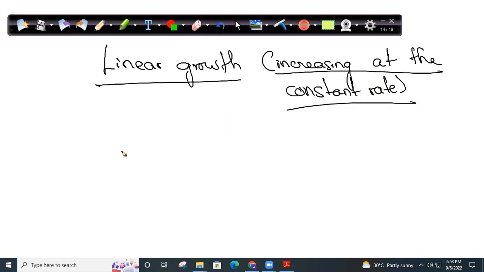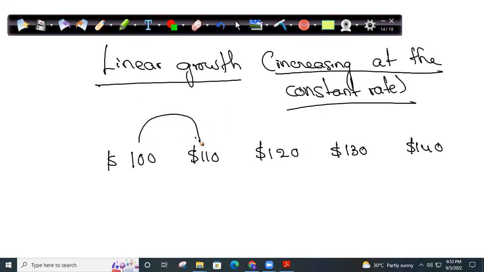Suppose assume you are earning $100 today and you are earning $110 tomorrow. You are earning $120 the day after tomorrow. You are earning $130 the day after, $140 and so on. So what is happening here?